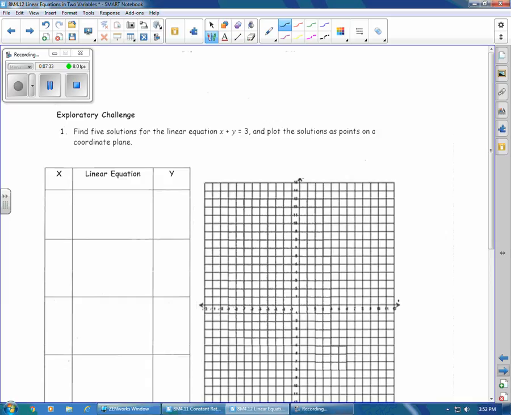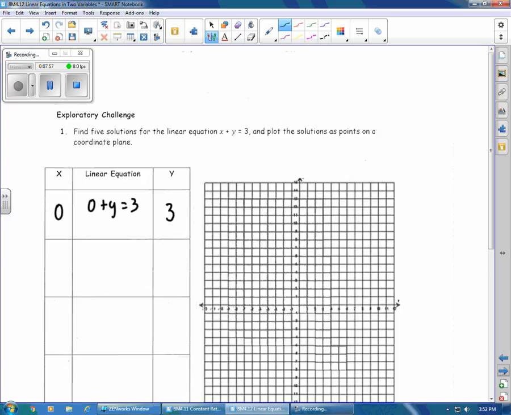I always start this type of thing by setting one or the other variable to 0 and solving the other one. So if we set x equal to 0 and I write the equation 0 plus y equals 3, I can solve this and subtract 0 from both sides, whatever. Y is going to be 3. Makes it kind of easy.